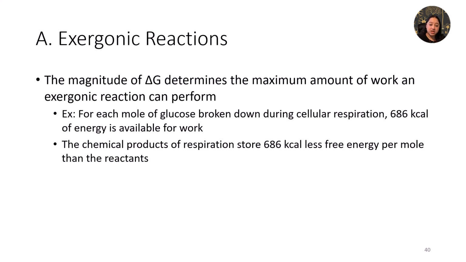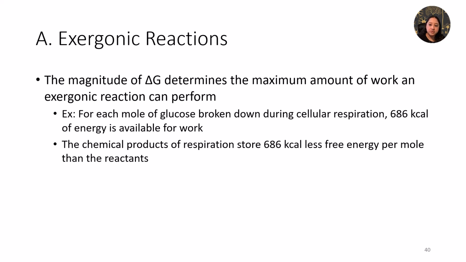For each molecule of glucose that gets broken down during cellular respiration, there's 686 kilocalories of energy available for work. Remember, calories are a measurement of how much work can be performed by energy.